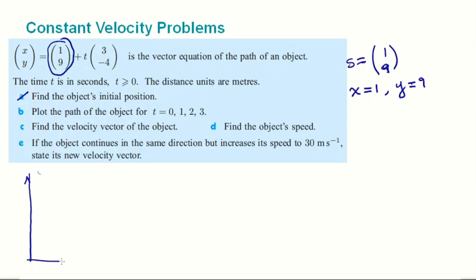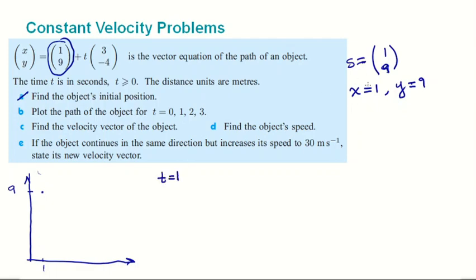Right, so this is my Cartesian plane. Pretend it's neat. My initial position would be x equals 1 and y equals 9, so this is my initial position. Now after 1 second, I'm going 3 to the right and 4 down.